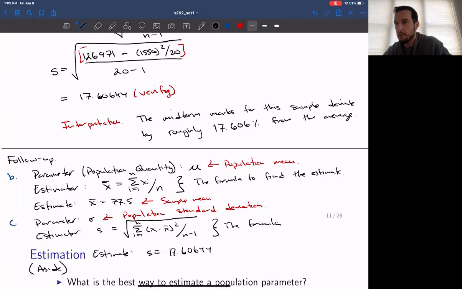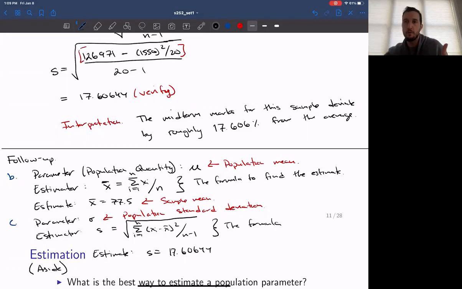And in this particular slide, on slide 10, where we had that exercise, that's an illustration of where you would have a parameter, which is the average exam score across all final exams in a stats course at some university. Your estimator will be the formula: X bar is the sum from i equals 1 to n of x_i over n.